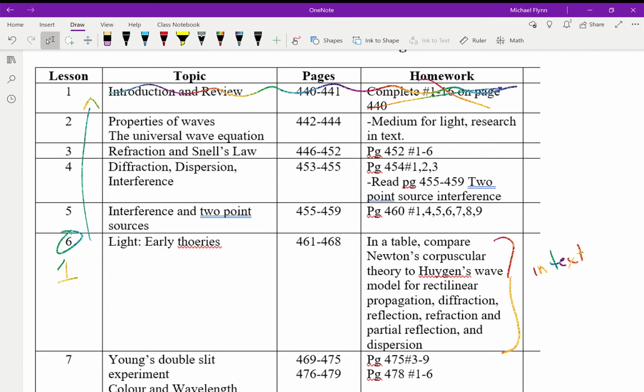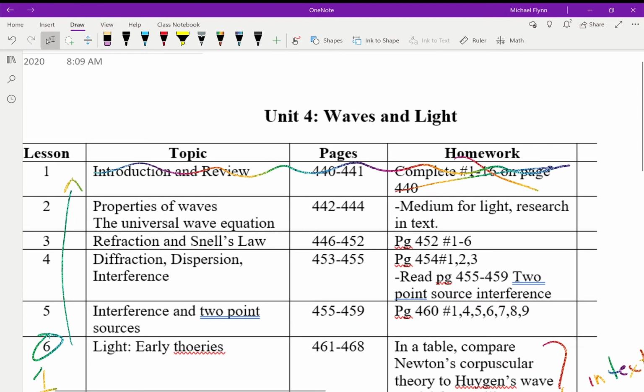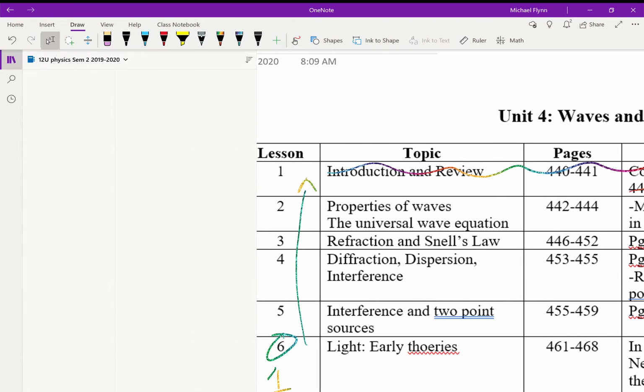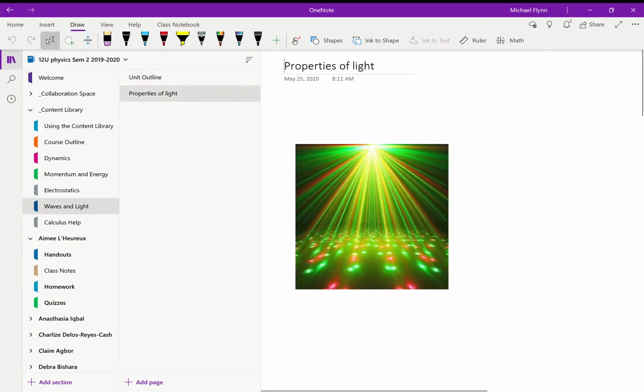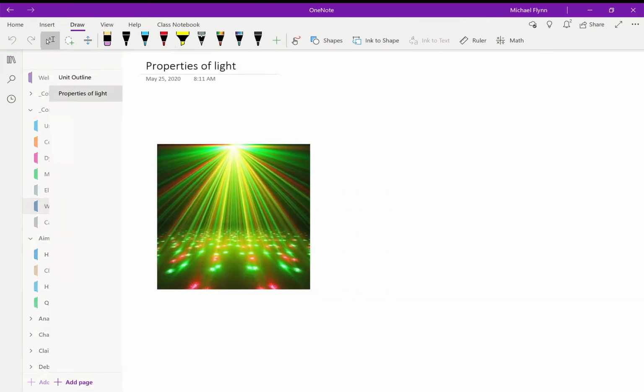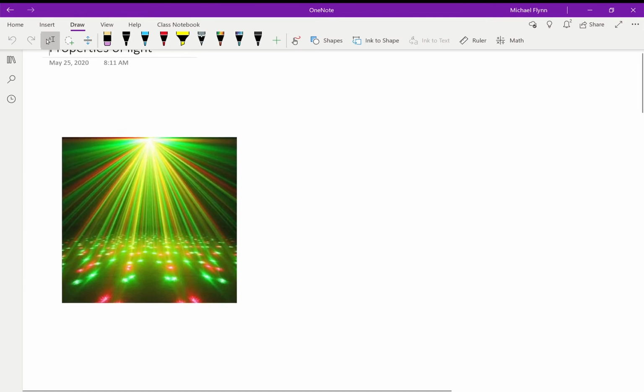So this whole thing: what is light? This has been a really cool question for a long time in physics. The question of what light is, physically, has been around for centuries.